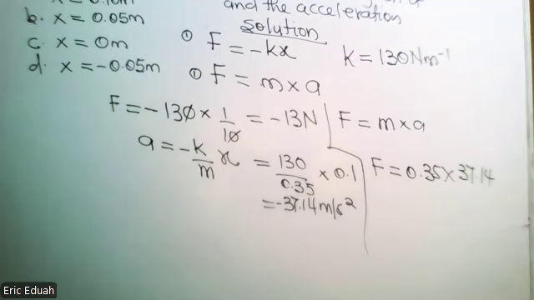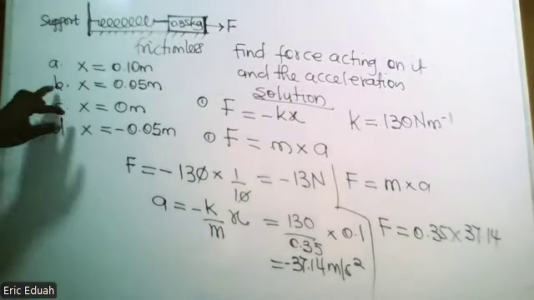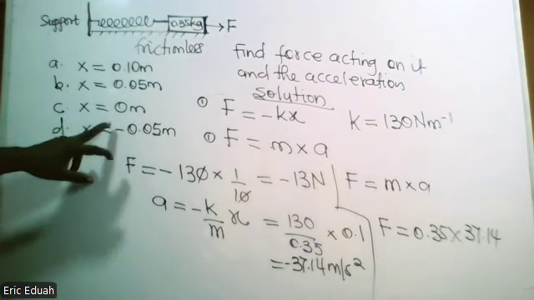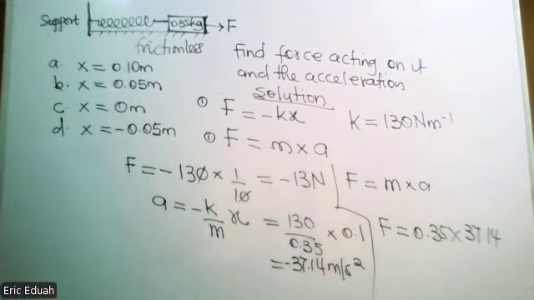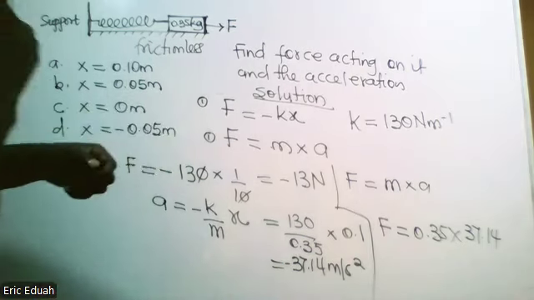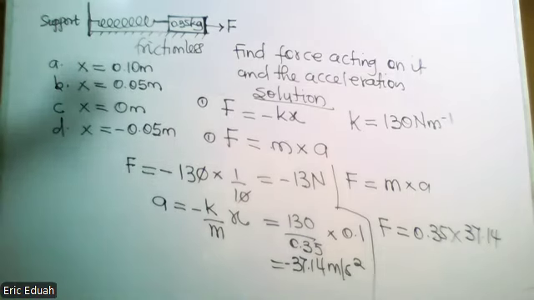So that is the way out for all the three displacements. The only varying factor is the displacement. Now, when the displacement x is an extension, x is positive.